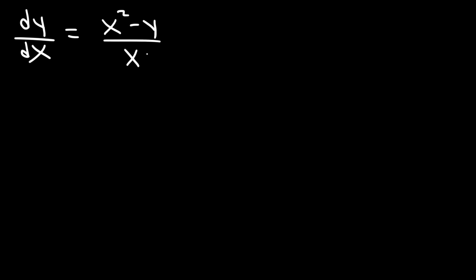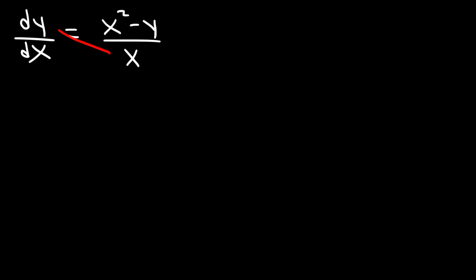Now let's move on to our last question. So let's say we have dy divided by dx, and it's equal to x squared minus y divided by x. What do we need to do in order to solve this differential equation? We need to cross multiply.